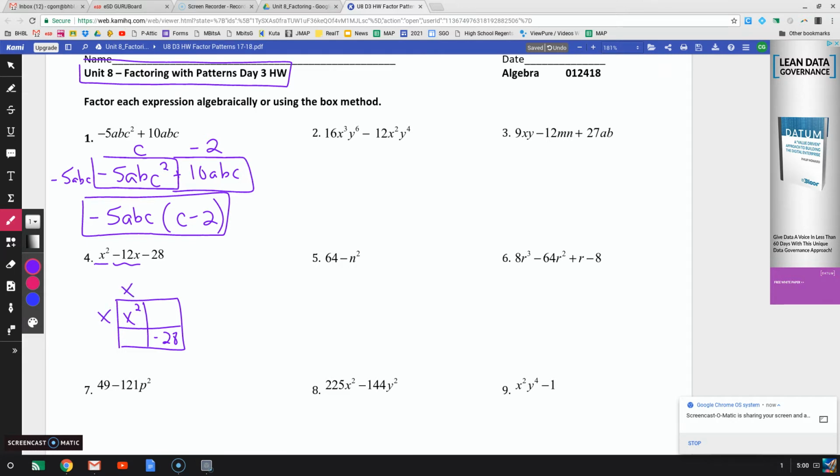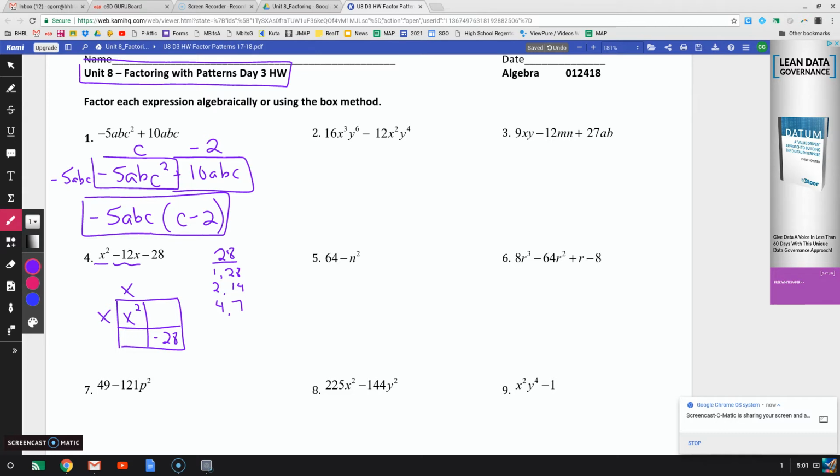Great. Now I'm thinking about my factors of 28. So my factors of 28, I could have a 1 and a 28. I could have a 2 and a 14. I could have a 4 and a 7. So we need some sort of combination of those numbers. So I'm thinking of the numbers that could add or subtract to get me a negative 12.